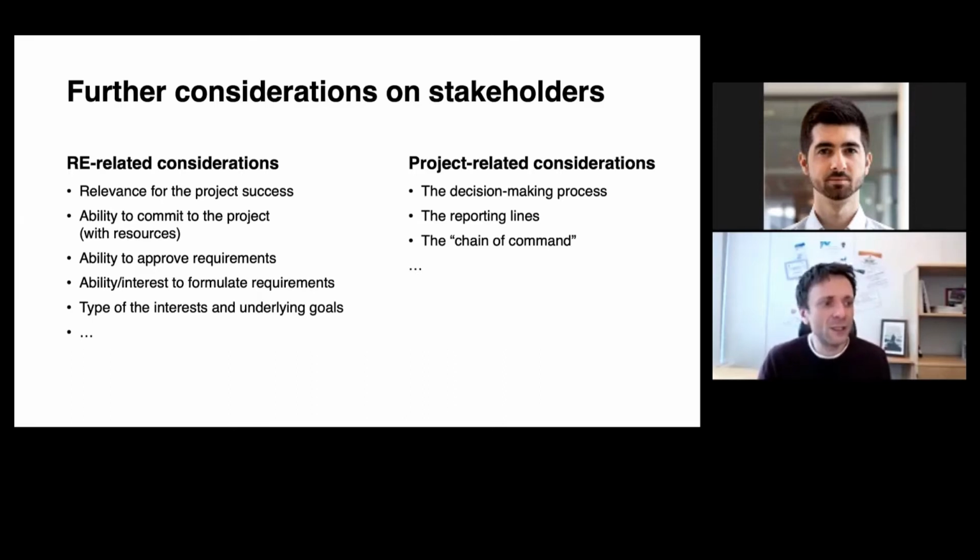Another issue typically to be considered is the ability to commit to the project with resources and, more importantly, with time. This very much affects the availability of the stakeholders for the requirements elicitation workshops, for example. Also the ability to approve requirements. Always keep in mind a requirement without an explicit acceptance or approval is just an expensive assumption.